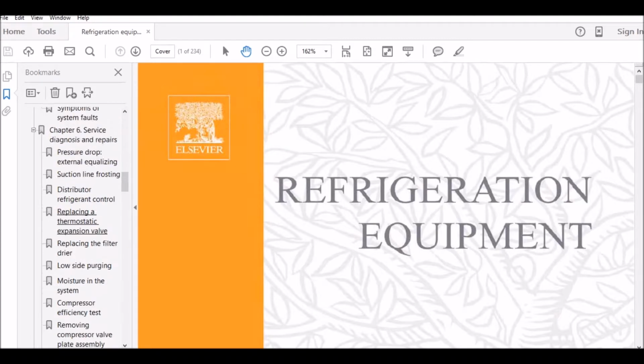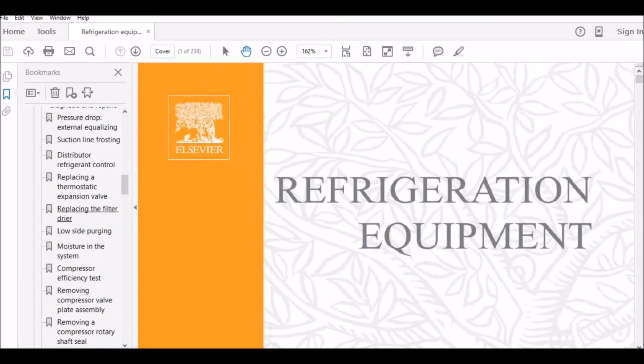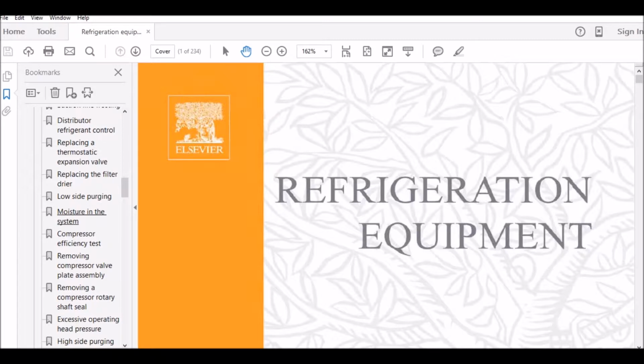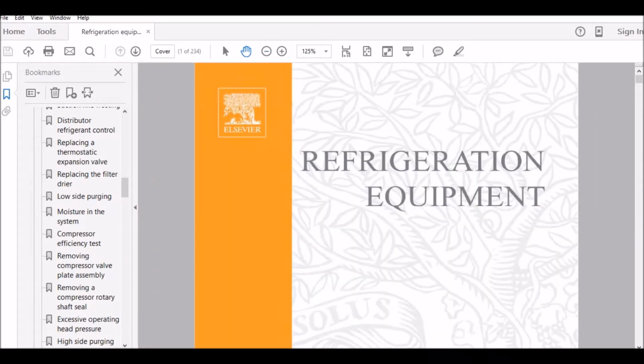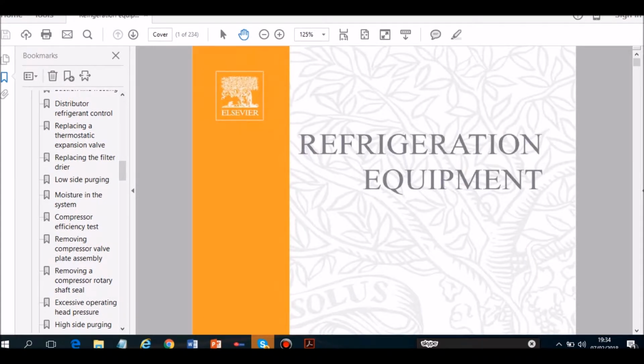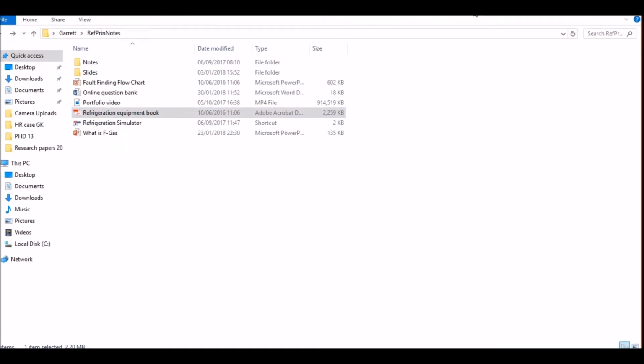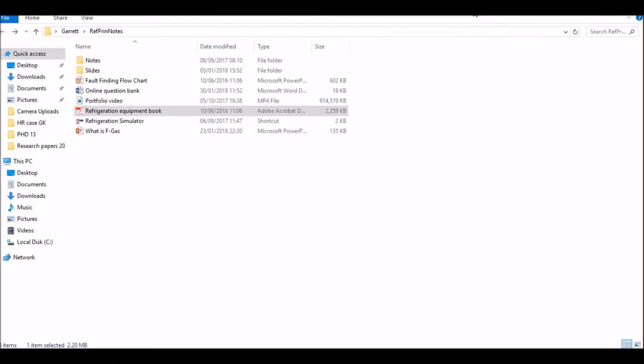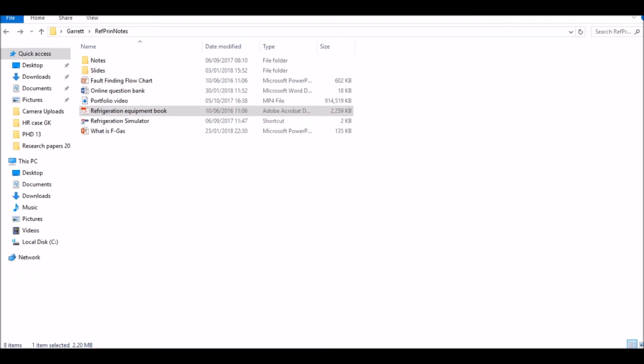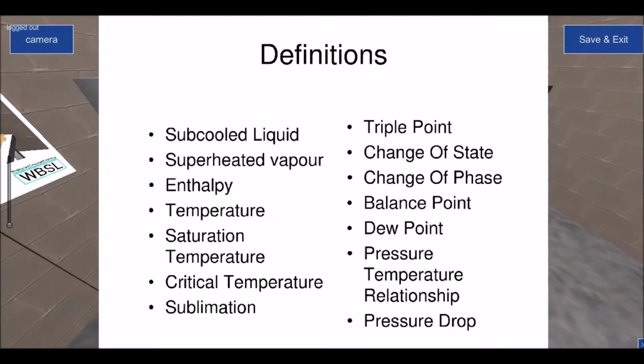Okay, so it's quite a useful book. It's a reference book for you to go back to and to use. So if there's anything that you don't understand because of the way I'm explaining it, then you can refer to this book. Or equally, if there's anything that you need more clarity on, you can refer to the book, or you can just come back and ask me to explain it a little bit better.